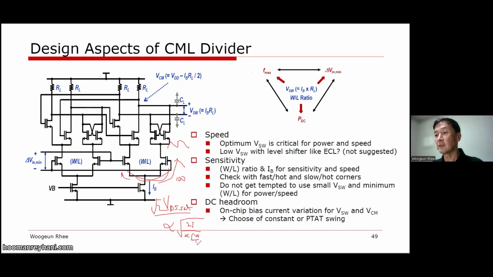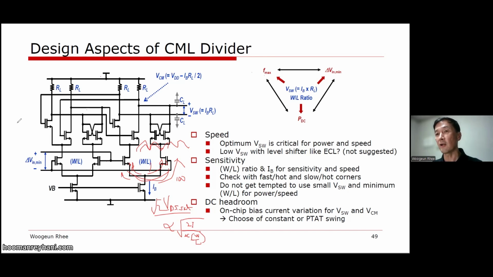So if you use a small W ratio with a small swing, you can never guarantee that this one can be fully switched. When the clock is high, maybe 60% of the current goes here, but still 40% will go here. This is very dangerous. A small signal swing actually looks like dynamic logic. You need to find a sweet spot of operating range with minimum power, but this is not good because it is highly sensitive to temperature variation.